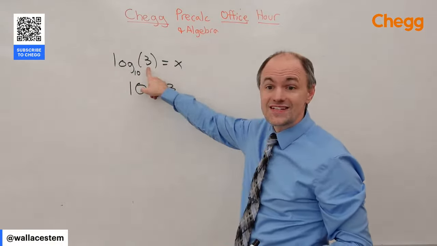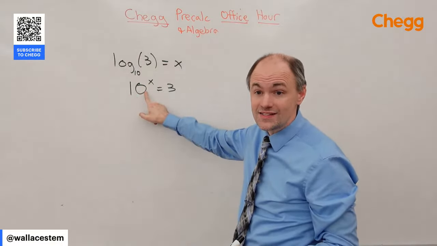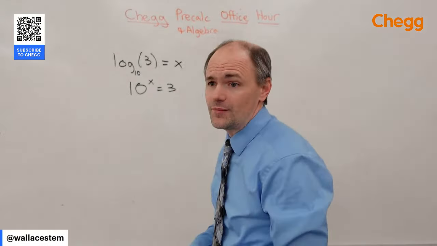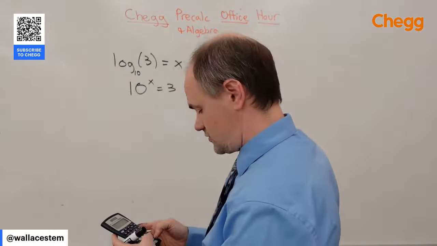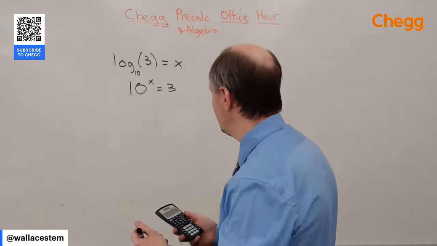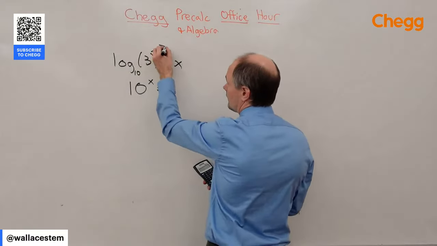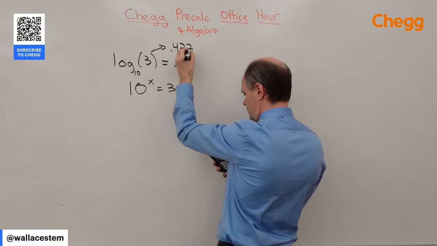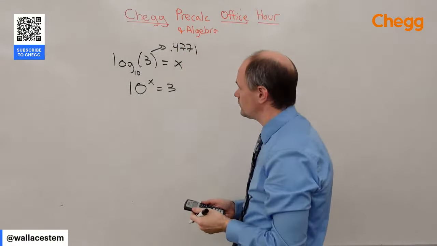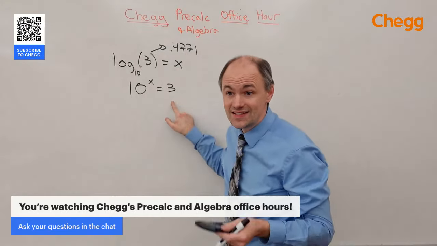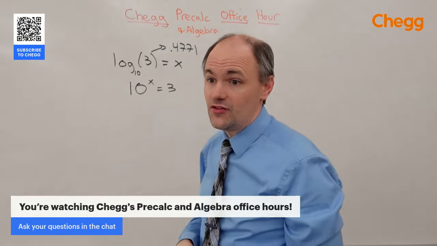And log 3 is going to tell us what exponent on 10 gives us that. And now I'm curious, Drew, you got me all the good questions here. If I do log 3 on my calculator, it's going to give me 0.4771. And so that means 10 to the 0.4771 is equal to 3.